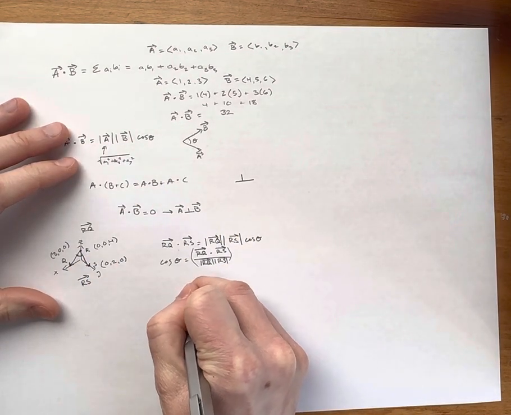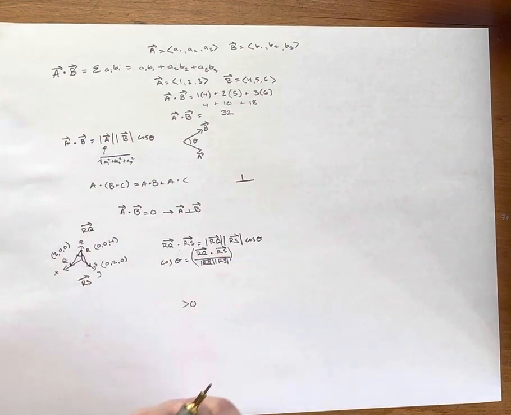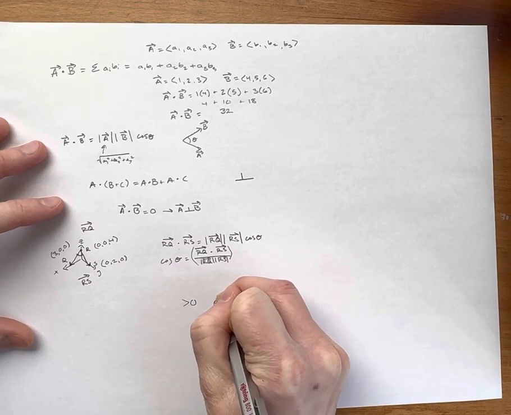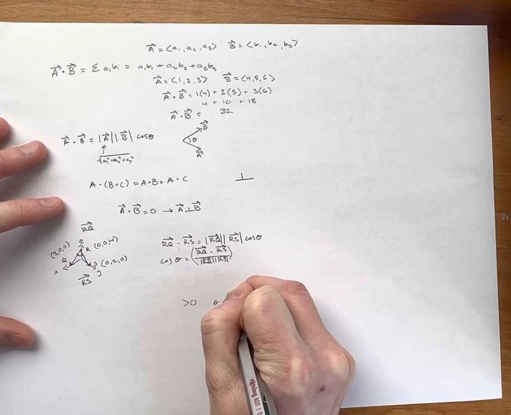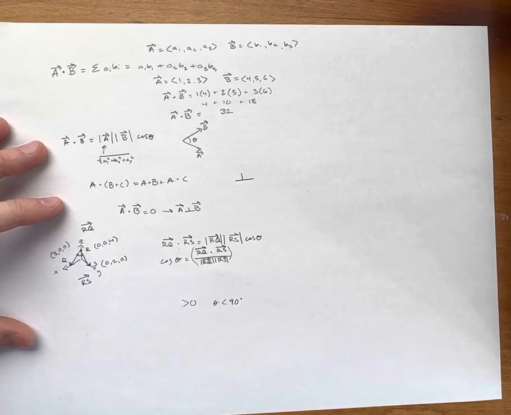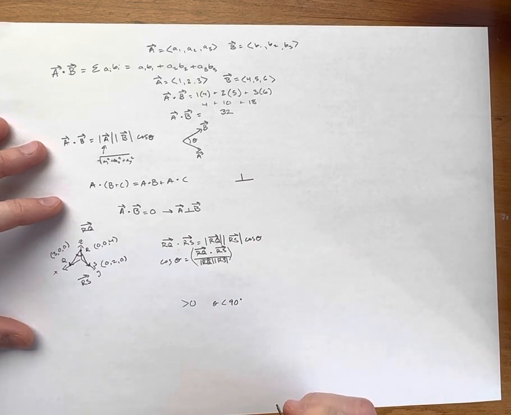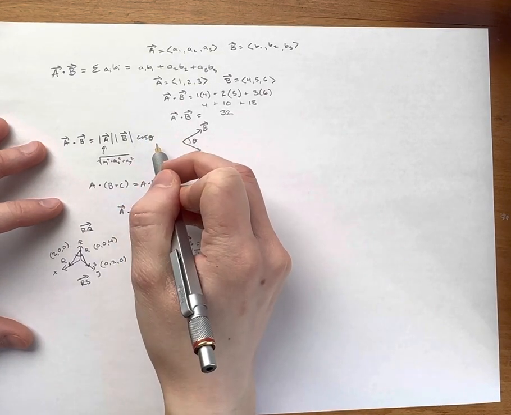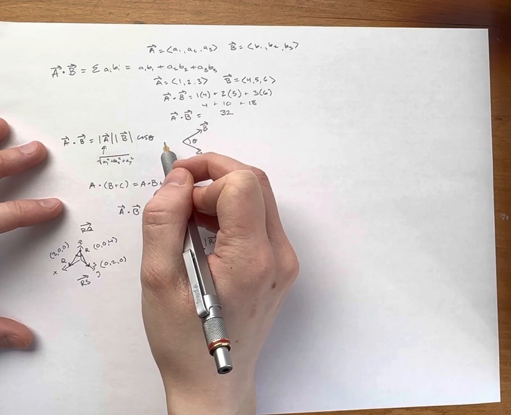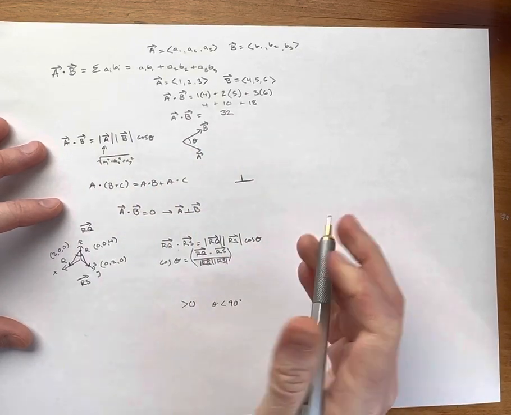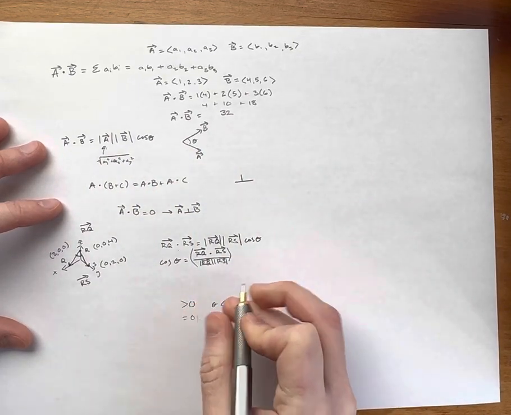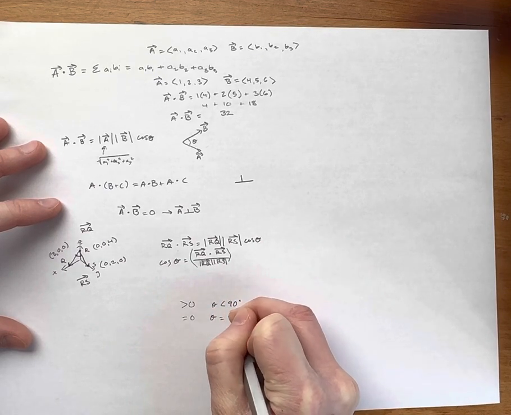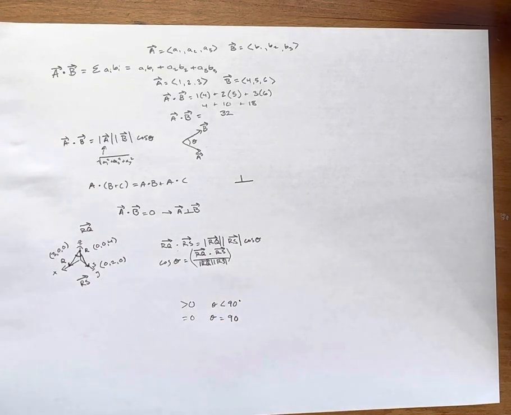So if the dot product is greater than 0, that means that theta is going to be less than 90 degrees. And again, you're using cosine, so if you take the cosine of that angle, you're going to get a positive value if it's less than 90 degrees. If it's equal to 0, as I said, that means they're orthogonal.